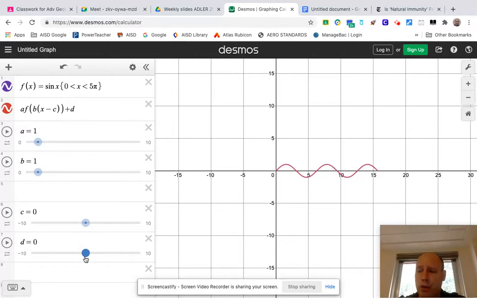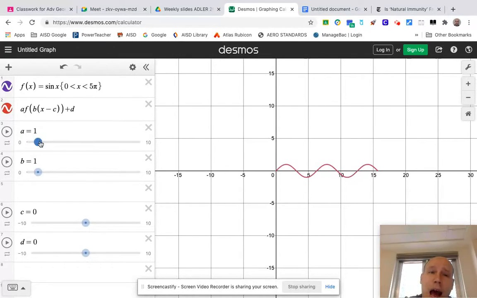Okay, the next thing we want to talk about is the dilations, and that's going to be stretches with respect to specific axes. So the first thing we're going to do is take this a, multiplying the whole function by a. This is a vertical stretch with respect to the x-axis.